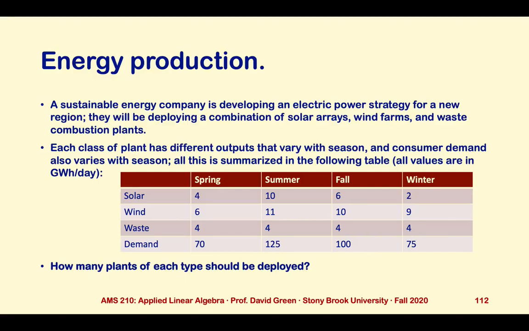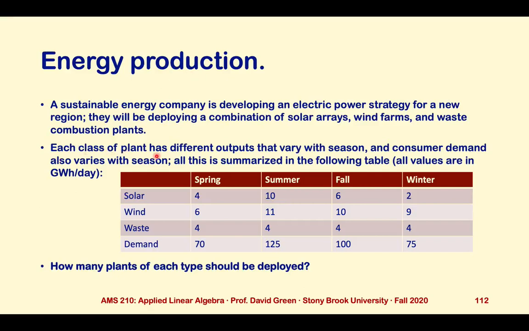So let's start off with this problem, a problem in energy production. A sustainable energy company is developing a strategy for a new region, deploying 3 different types of production facilities: solar arrays, wind farms, and waste combustion plants.